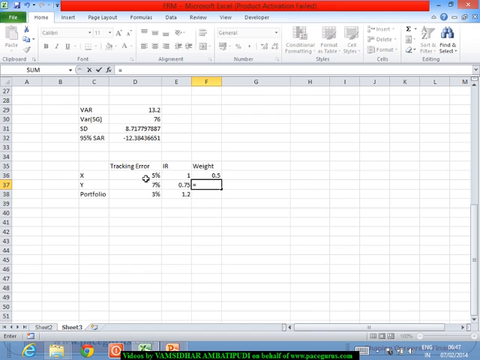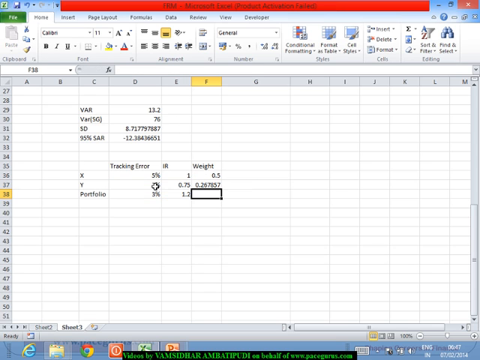Then similarly here also, information ratio of the manager multiplied by the tracking error of the portfolio, divided by information ratio of the portfolio multiplied by the tracking error of the manager.